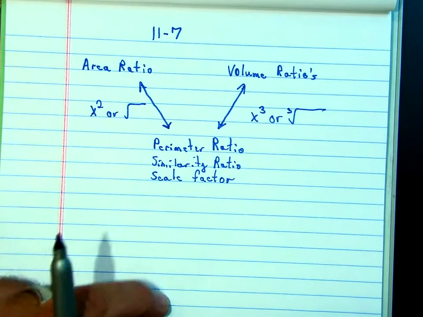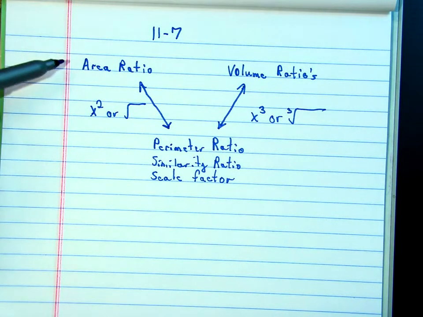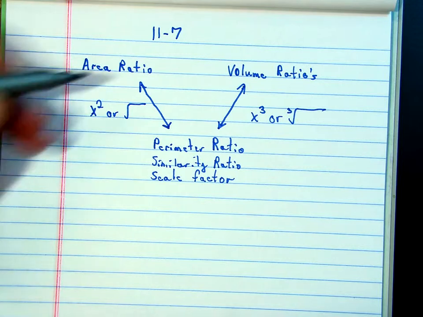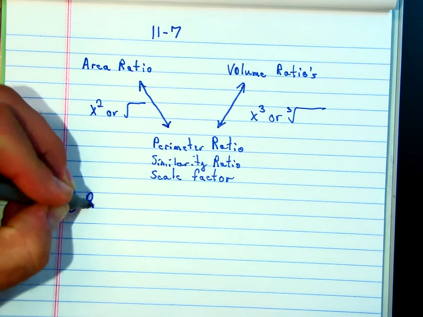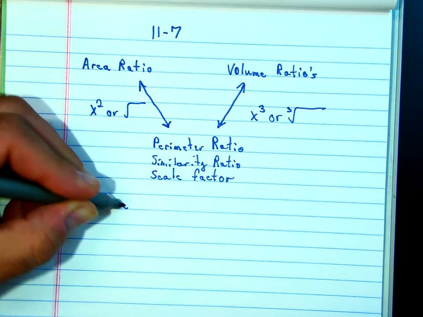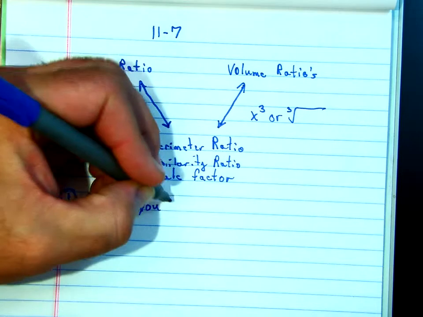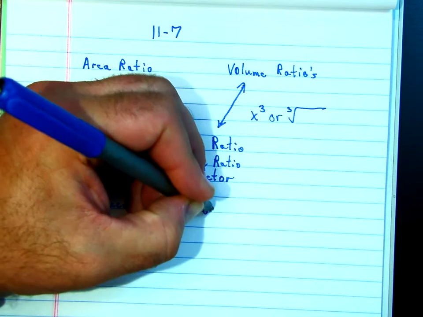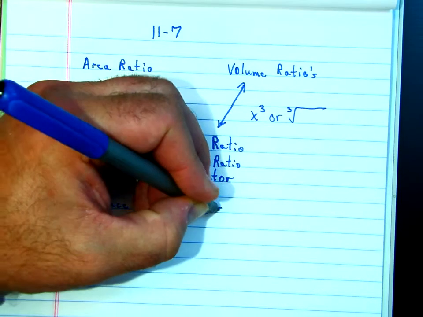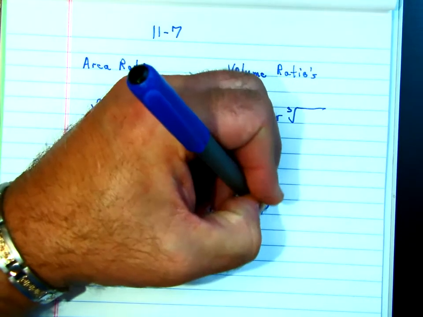Forwards, backwards. Okay, so if they give me two areas, I make an area ratio, and I must always remember to do what first? Always reduce your fractions or ratios before you start.